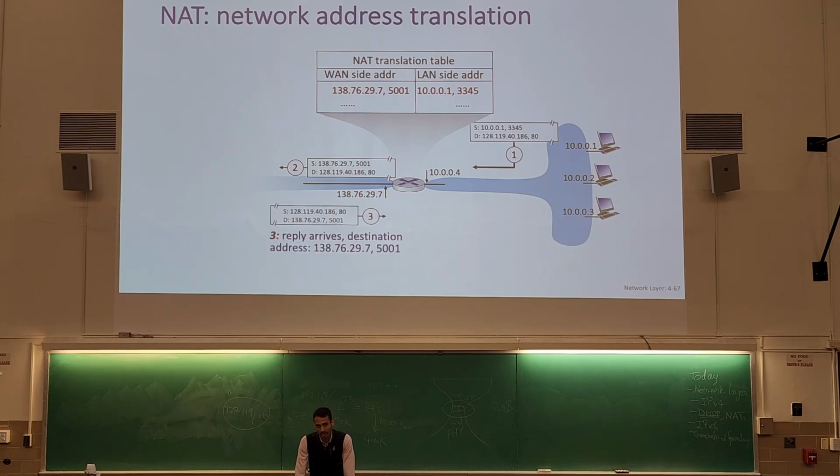When the response comes back from the UMass web server, which it will, with a source IP address now of 128.119.480 from the web server, it'll come back to the public-facing IP address with a destination port of 5001. Just the source and destination IPs and ports will be flipped in the response. At this point, the router is going to say, aha, this port 5001 coming to my public-facing IP address, I know how to redirect it because I have to map it to 10.0.0.1, 3345.